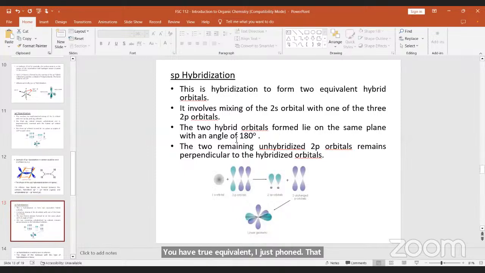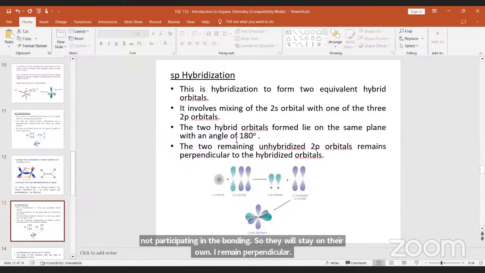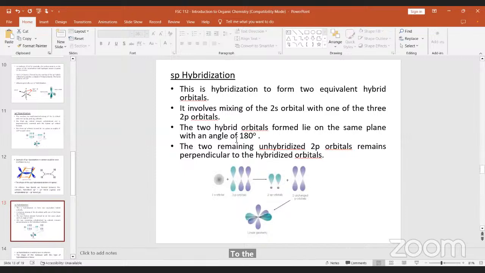That is the sp hybridization. The 2py and 2pz orbitals, we say, are not participating in the bonding. So they will stay on their own and remain perpendicular to the hybridized sp orbitals.